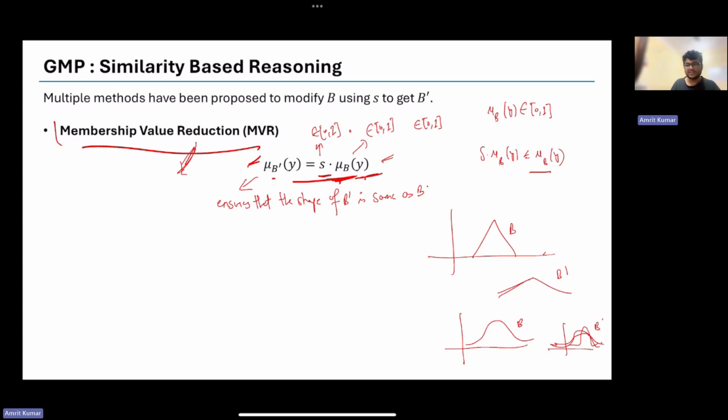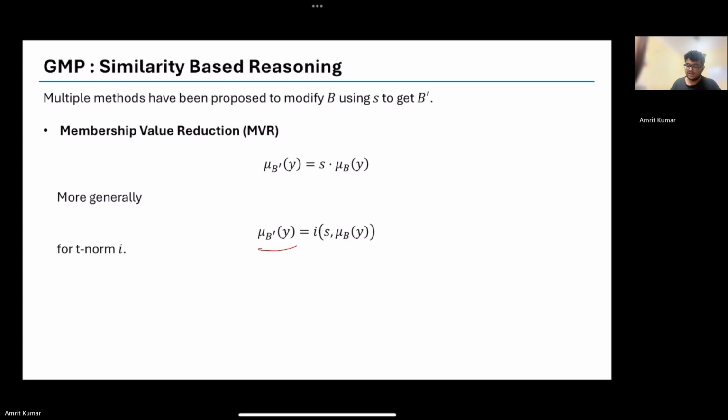But the product operation is a specific example of a T norm, right? Product is an example of a T norm. So we could have taken any T norm I, right? So more generally, I would obtain mu B dash of y by computing I of S comma mu B of y, right?